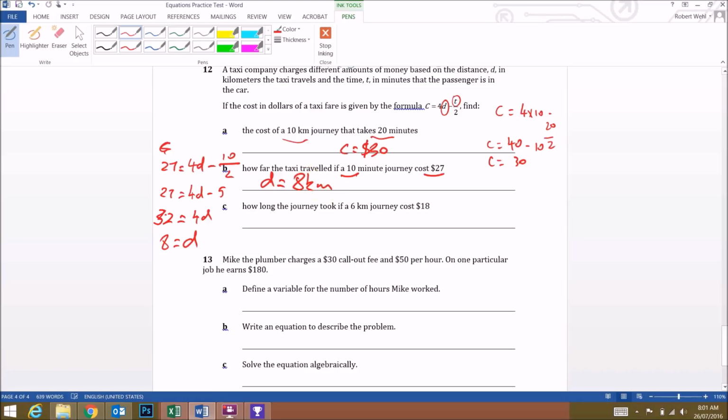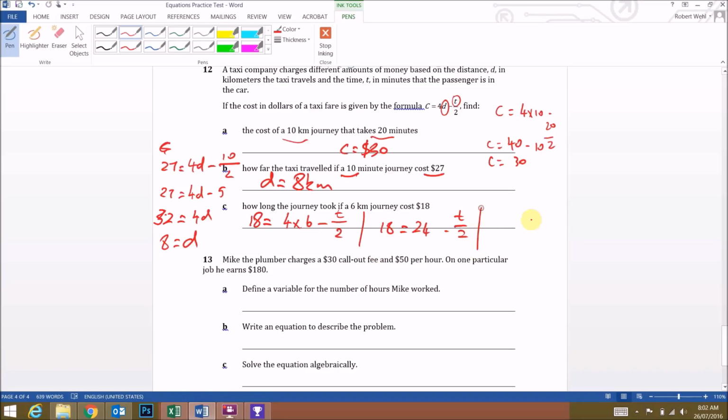It's important to continue to check your work when you do these, because otherwise you can get it wrong, and it's really important to keep checking as you go. How long the journey took if a 6-kilometre journey cost $18. So once again, 18, distance was 4 times 6, take away T over 2. Okay, so now I can collect 4 6s, 24, take away T over 2.